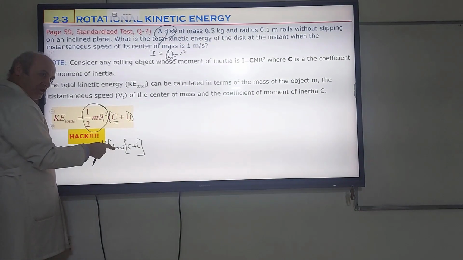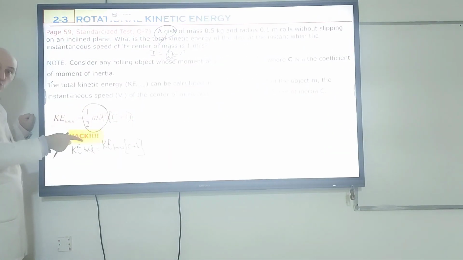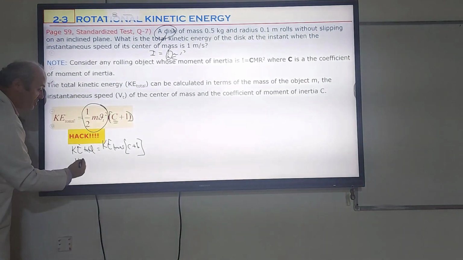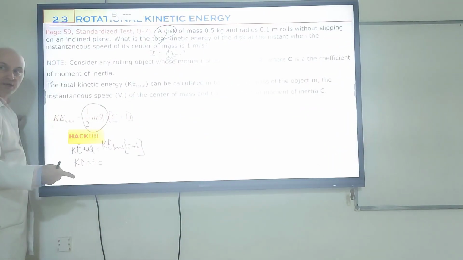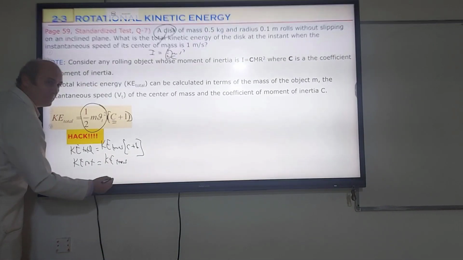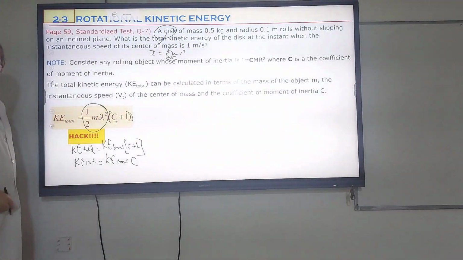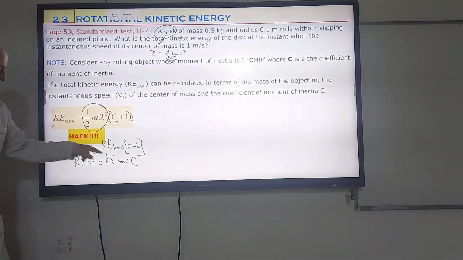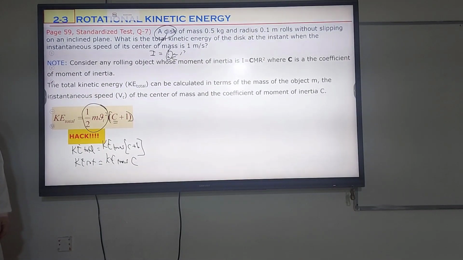If you multiply translational kinetic energy by C plus 1, you will get total kinetic energy. Also, you can write rotational kinetic energy in terms of translational kinetic energy for a rolling object. Do you remember this? Yes? If you multiply translational kinetic energy by C, you will get rotational kinetic energy.